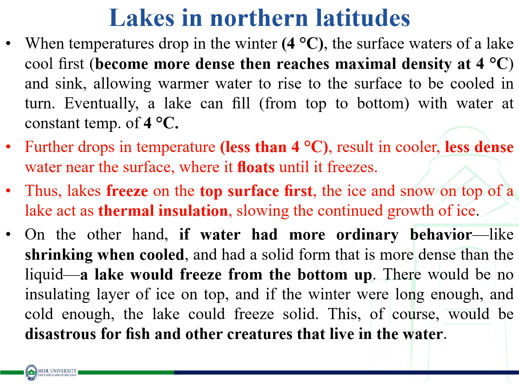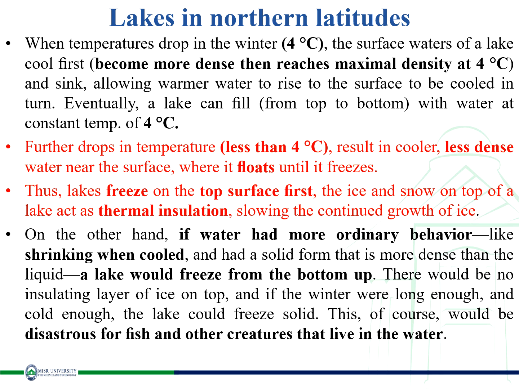When winter temperatures drop in northern latitudes, the surface waters of a lake begin to cool. Crucially, as water cools to 4 degrees Celsius, it becomes maximally dense. This denser water then sinks, allowing the warmer water from below to rise and be cooled in turn. This cycle continues until the entire lake reaches a uniform temperature of 4 degrees Celsius.